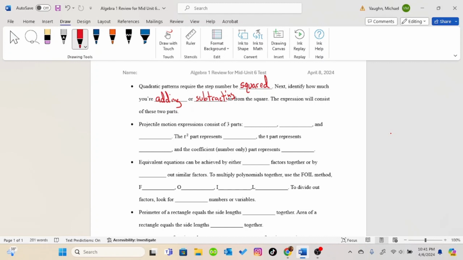The expression will consist of these two parts. So you'll have the step number that will be squared, and then you'll either add or subtract some amount.